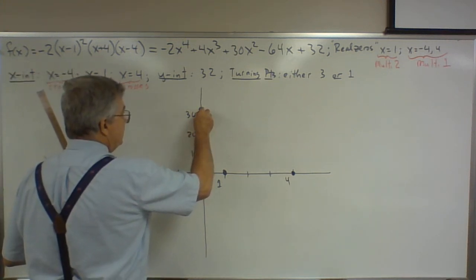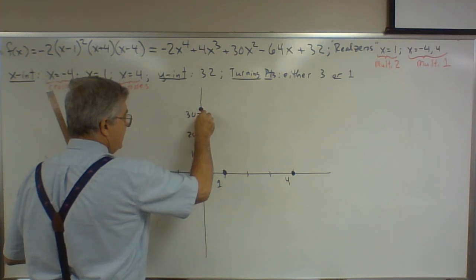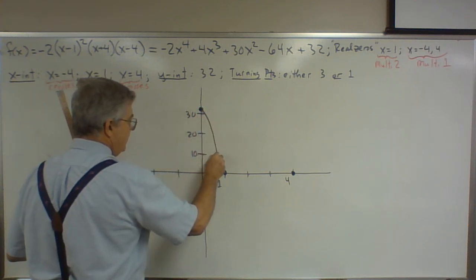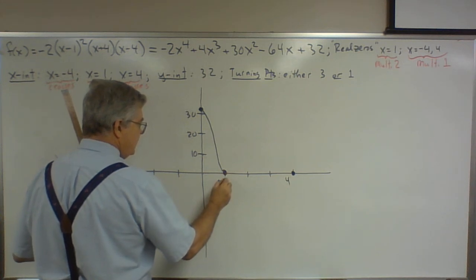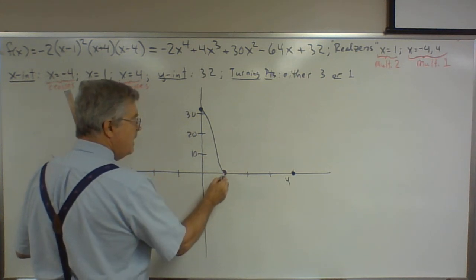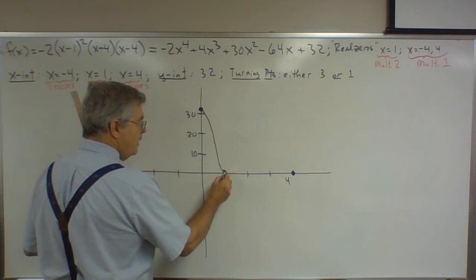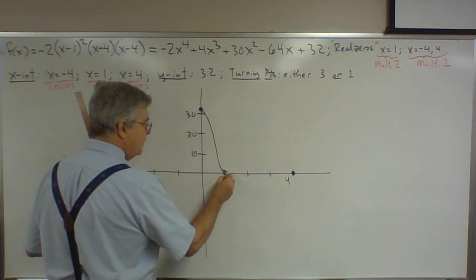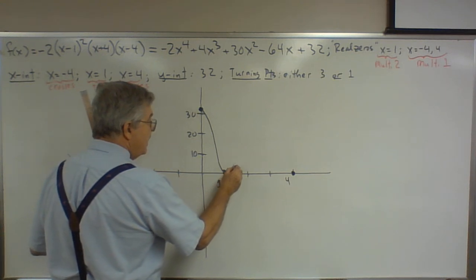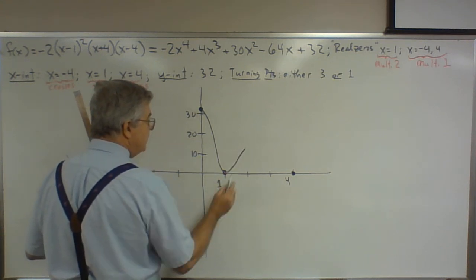So from here, the graph comes down and it kisses the x-axis right here at x equal negative 1, but it doesn't cross. It kisses the axis and changes direction and goes back up.